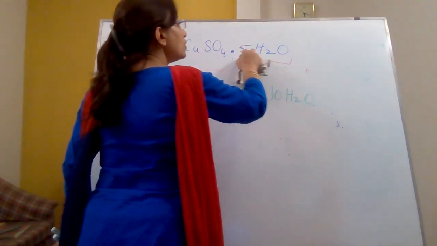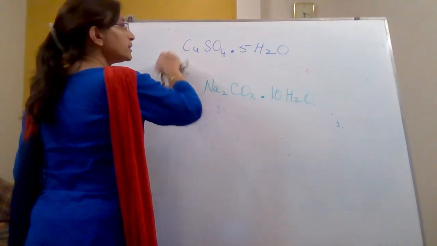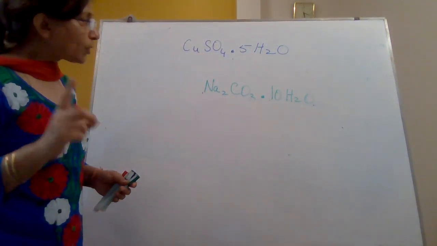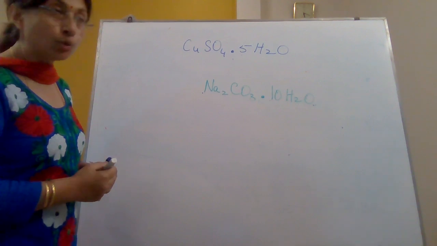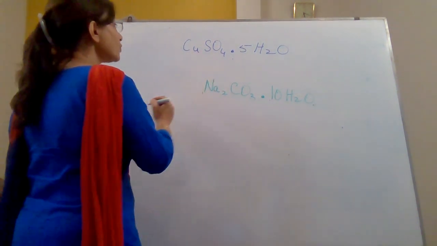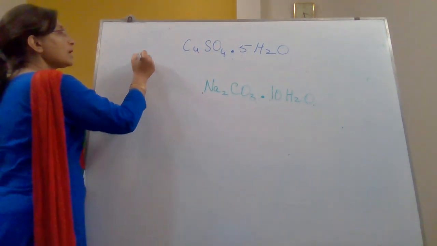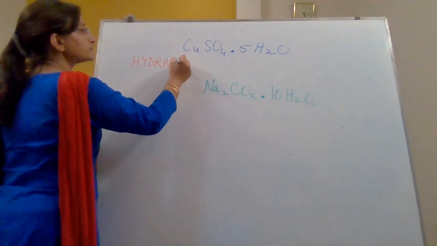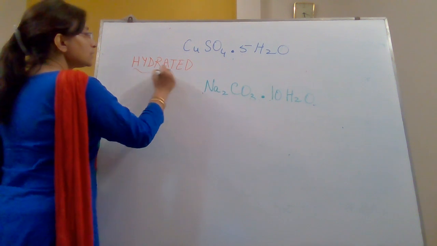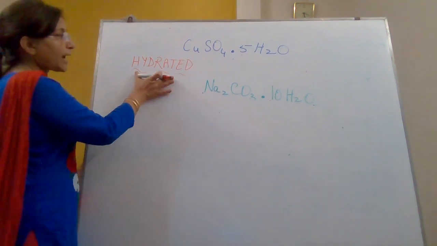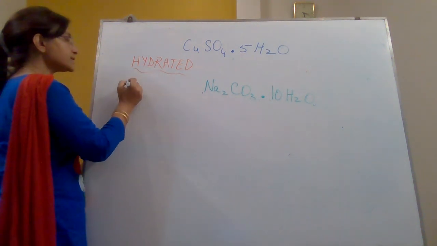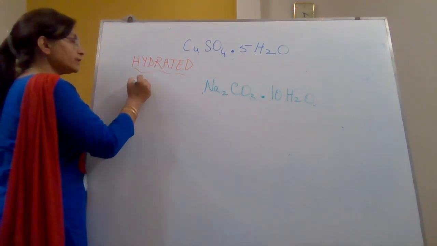Now, while we have learned about water of crystallization, let us learn about one more new concept, which is hydrated. Hydrated means whenever the term hydrate comes, it has a link with water.